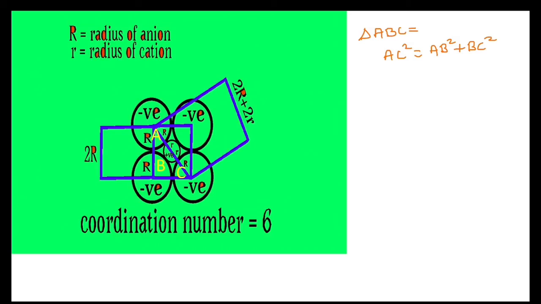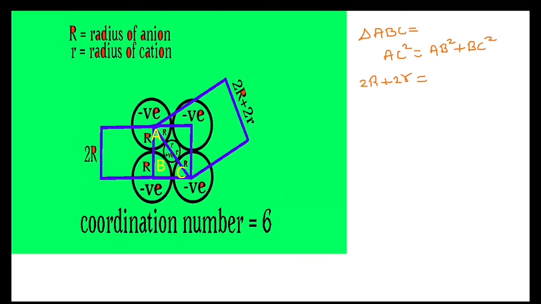Now AC square, you can see here capital R, 2 small r's, 1 capital R, that is equal to 2 capital R plus 2 small r.